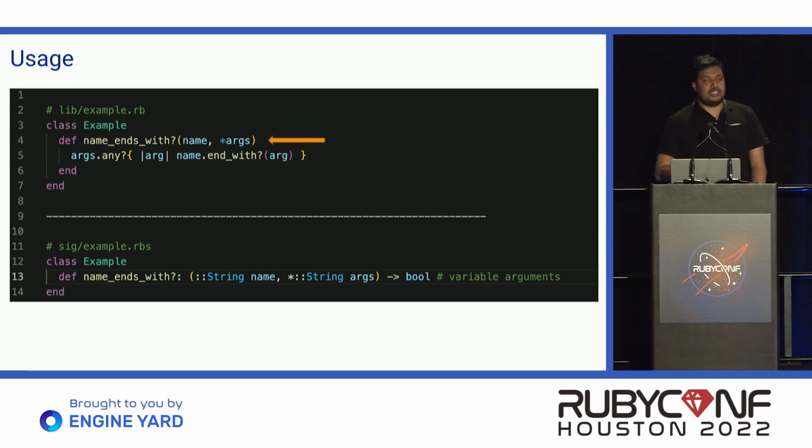If you see at line number 13 over here, the first argument is fixed, so whenever you call this function, you have to provide the name. But using the splat operator, it's going to accept a variable number of arguments over here. And in this case, the return type is Boolean, because the function is checking whether the name ends with a particular value or not.